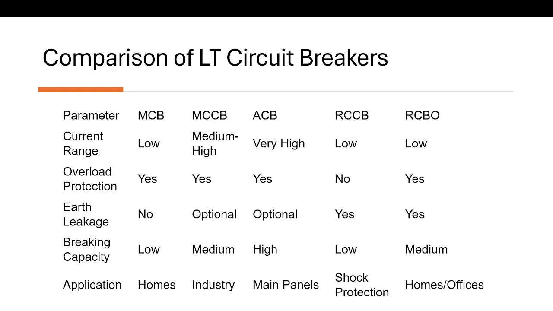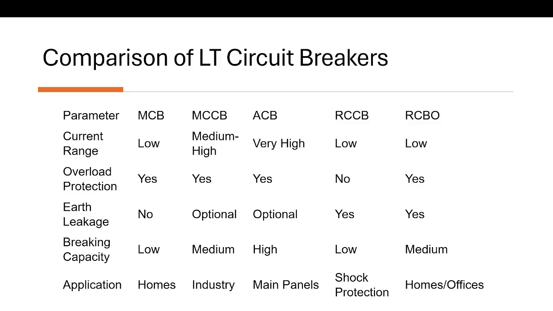Application: MCB is used in homes. In every home you see MCBs or fuses. MCCB and ACB are used in industry in main panels. Generally the ACB is used after the transformer and in your LT panel in the industry. There is one main ACB connected with different MCCBs and MCBs for the local protection, and the main is the ACB.